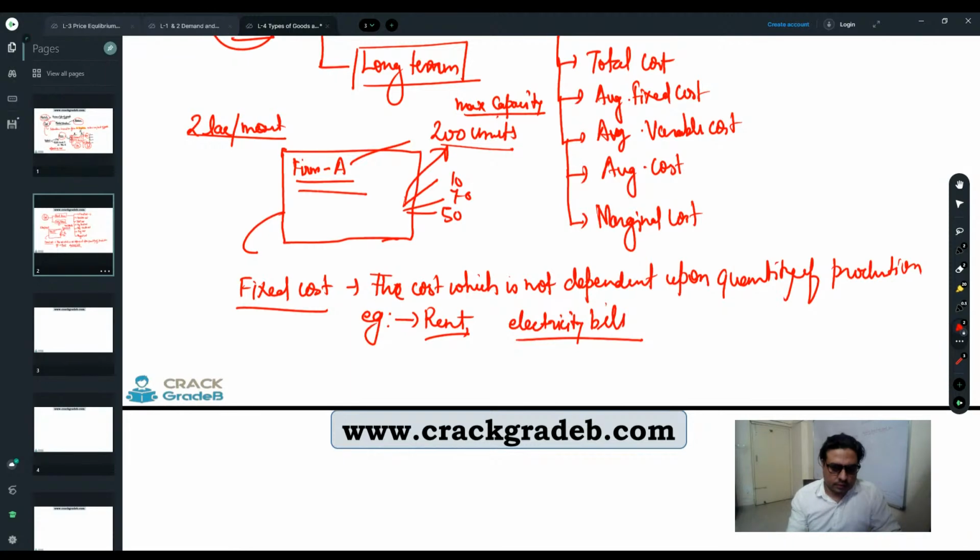Yes, Vatika. Electricity bill will not come under the category of fixed cost.